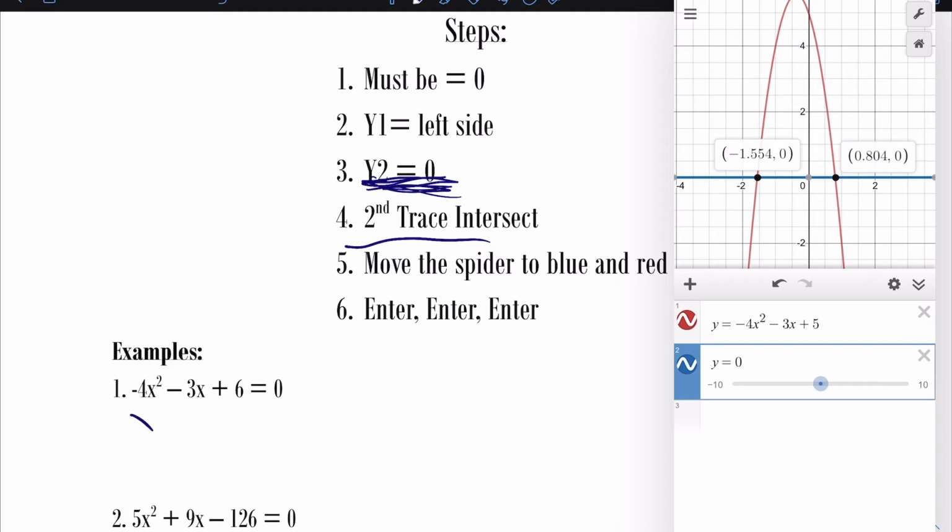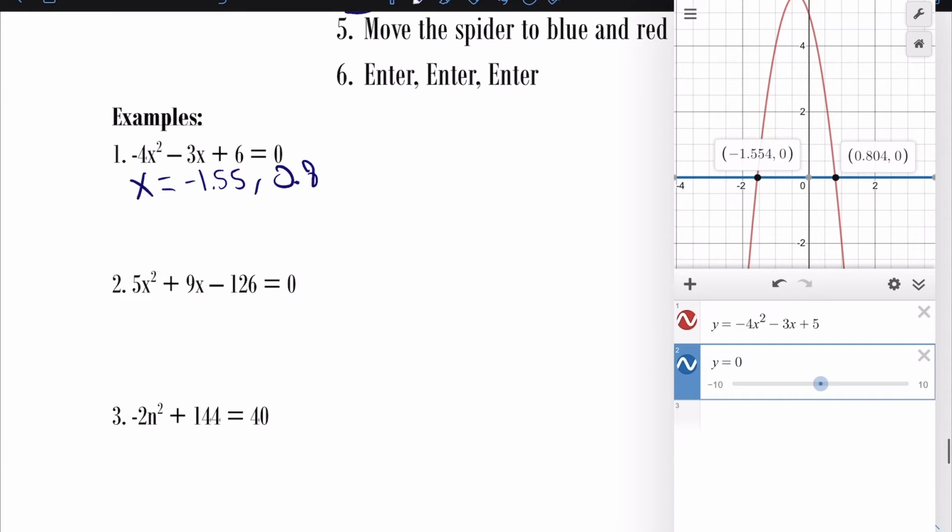Okay, so using Desmos, I can see that x is equal to negative 1.55 is a solution, and the other solution is at 0.8. And that's going to round down, so it's just 0.8.